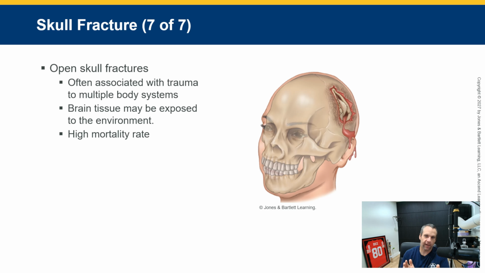Once it's open, it's just a bad idea. The force involved here is likely to have damaged blood vessels and brain tissue. Usually, it's so much force that it's not just one system involved, so it's going to be a multi-system type of trauma.